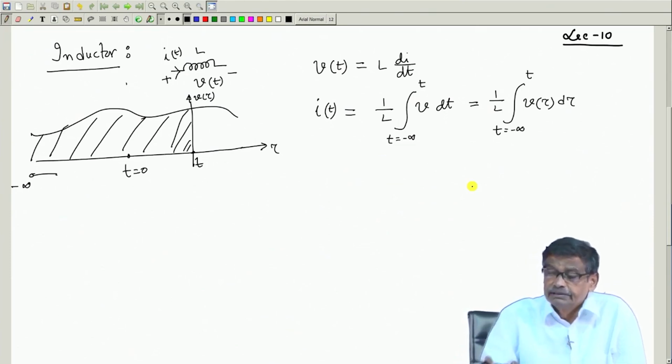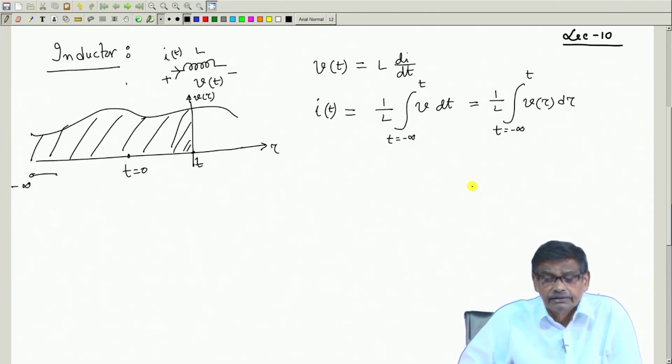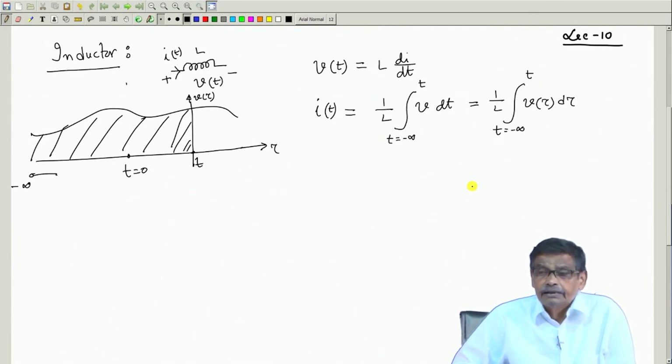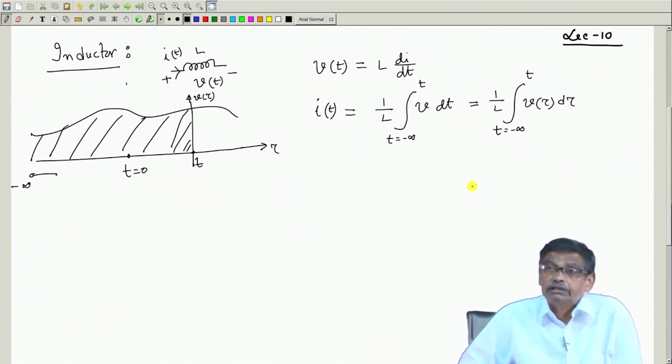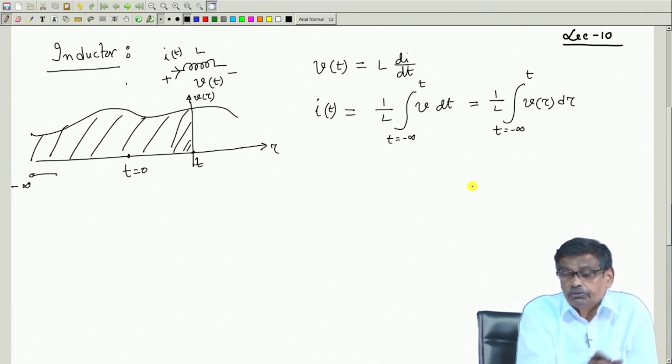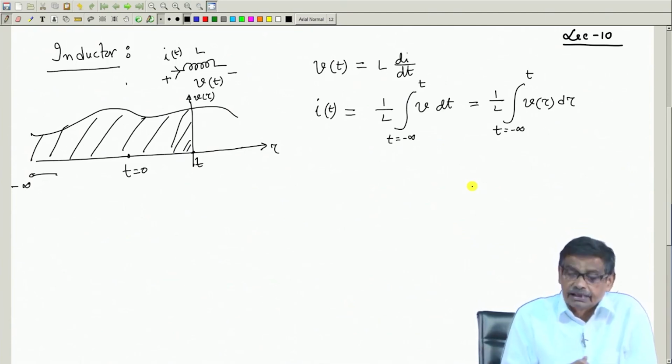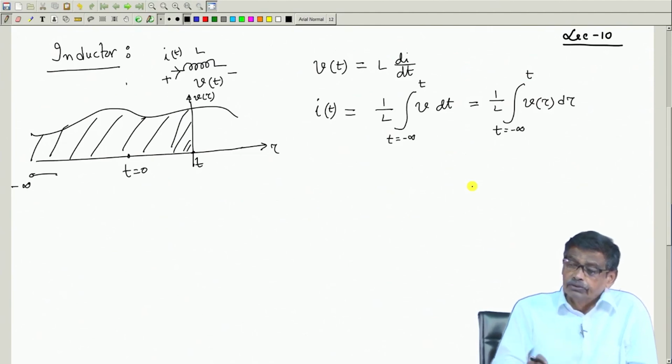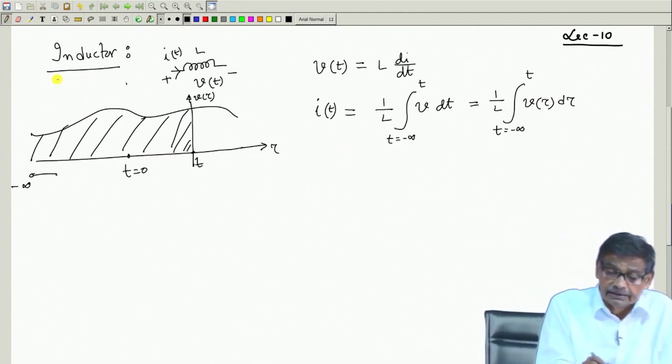So the inductor is said to be a device or an element with memory. It remembers how you treated the inductor previously, with what kind of voltage.